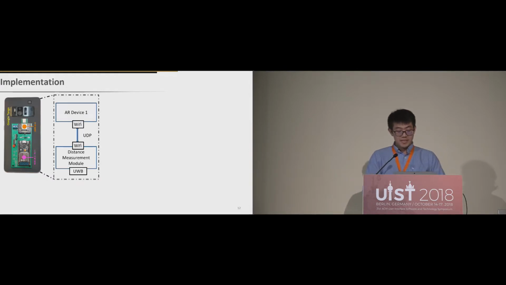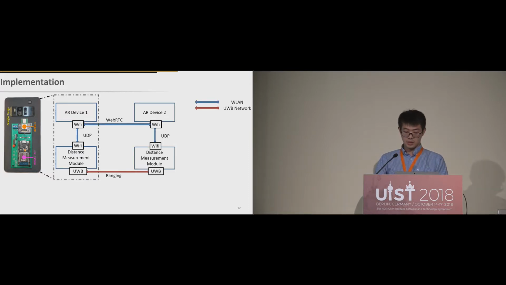So basically, we developed a self-contained UWB module and attached it to an AR device, which is a Google Tango phone here. All of the devices are connected through Wi-Fi, and through the UWB network, the distances are measured and packaged to one of the microcontrollers. Then the measurements are sent to the AR devices through UDP Wi-Fi communication.